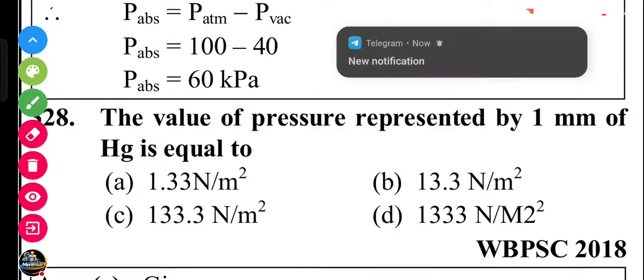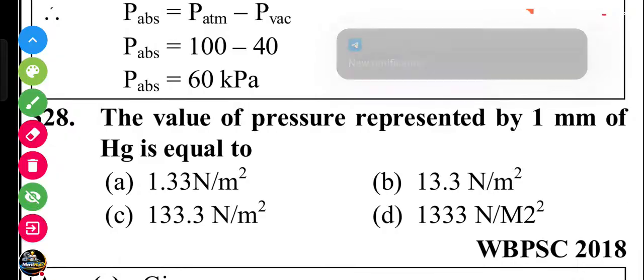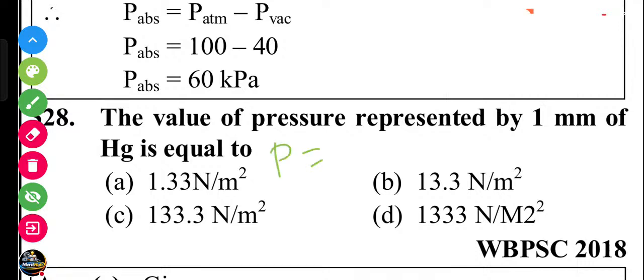Next question, friends. The value of the pressure represented by 1 mm of Hg, mercury, is equal to what? 1 mm Hg, pressure equals rho g h.